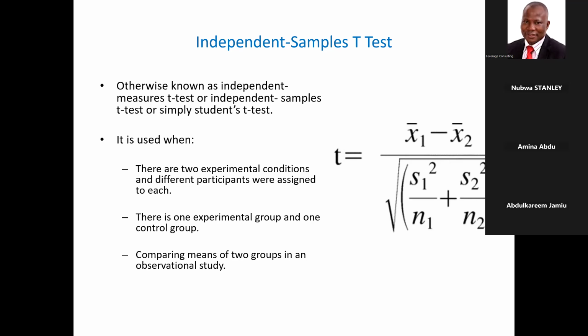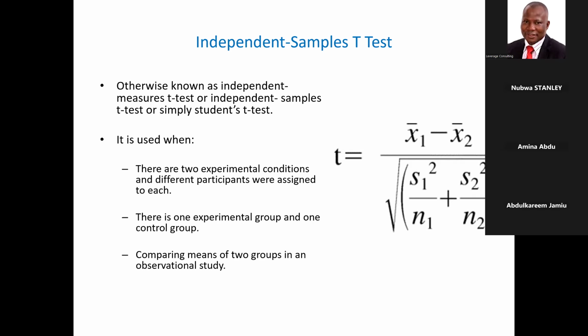So it is used when there are two experimental conditions and different participants were assigned. Those are options, it's not only one. Possible situations when you use it: there is one experimental group and one control group, or you are comparing two groups in an observational study. Just know that you are comparing two means. That's all.